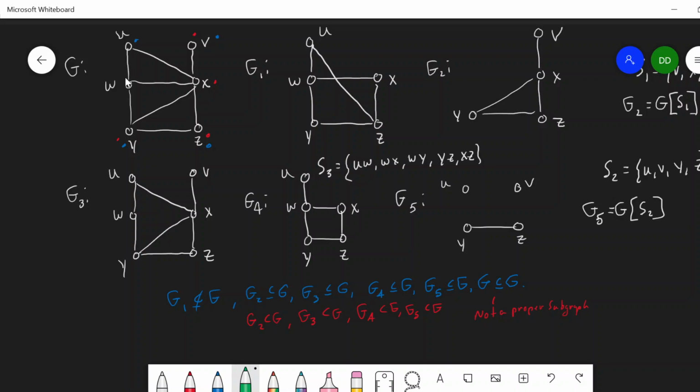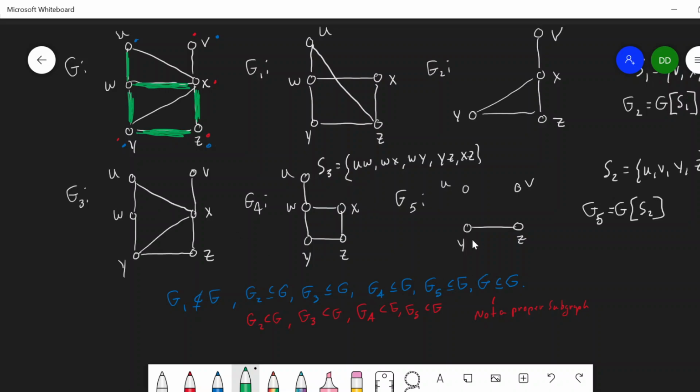UW, I want to select that one. WX, I'll select that one. WY, this one. YZ, and finally XZ. So if I just take the vertices incident with those 5 edges, along with the edges, I obtain G4. And so we say G4 is an edge-induced subgraph of G.